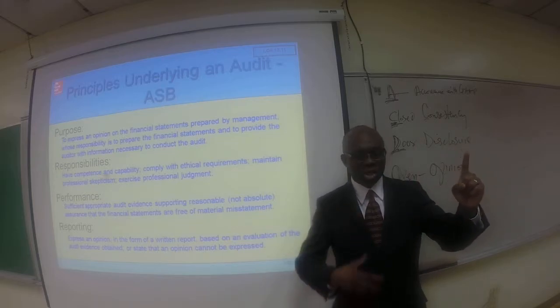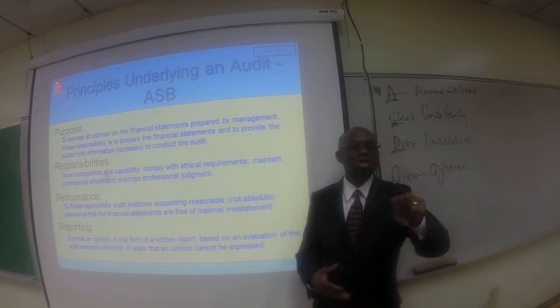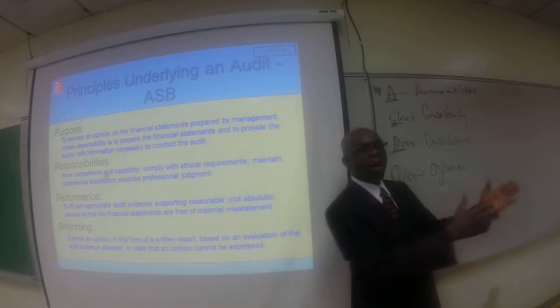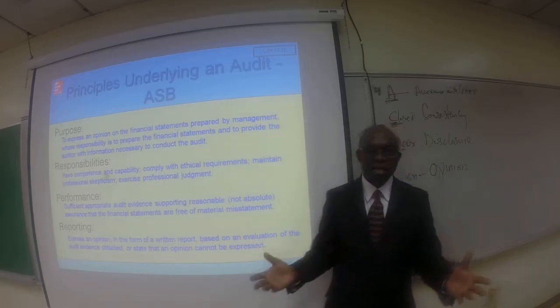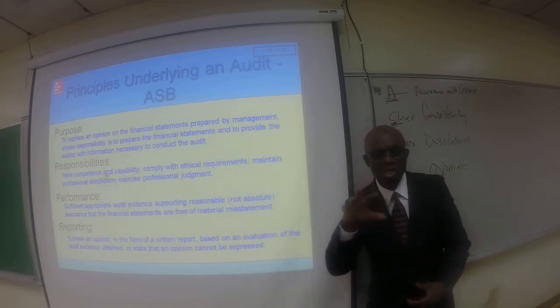It has to be enough. It has to be adequate. It also has to be appropriate. You can gather a lot of evidence that is not appropriate to the subject matter. That does not do you any good. And to support what? Reasonable assurance.